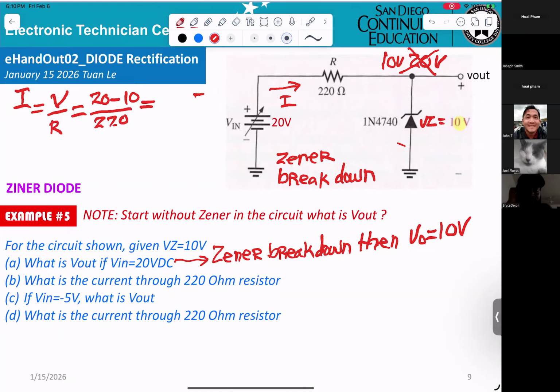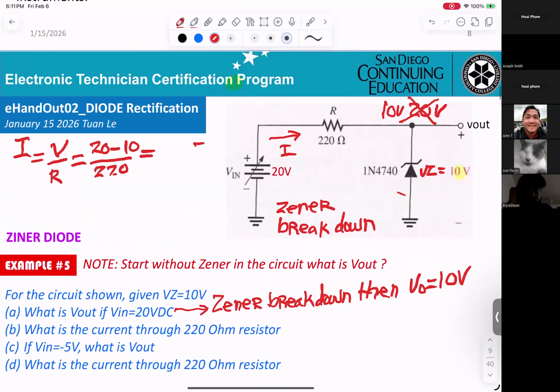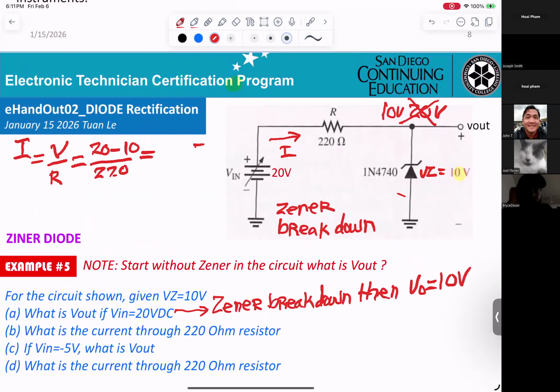That means 10 divide 220. Okay, 10 divide 220, is it 0.05? 0.0455 ampere.